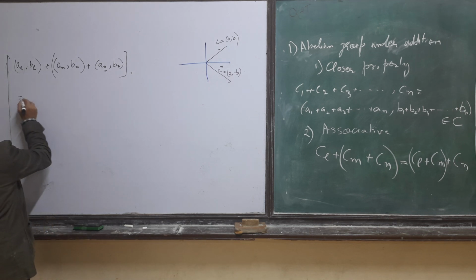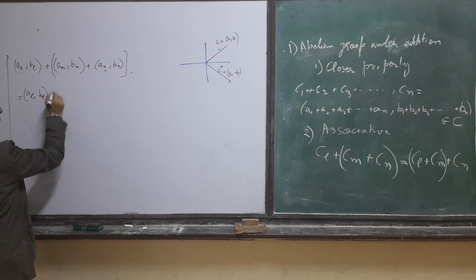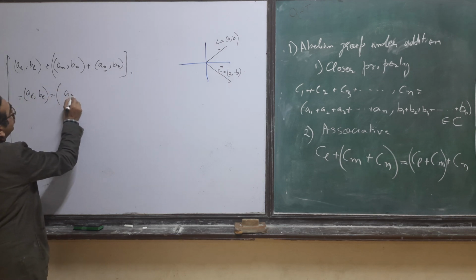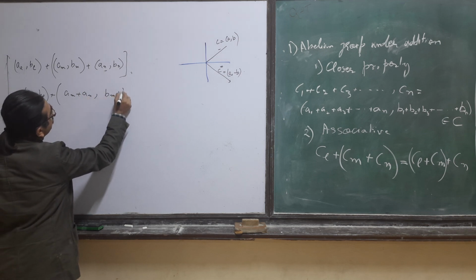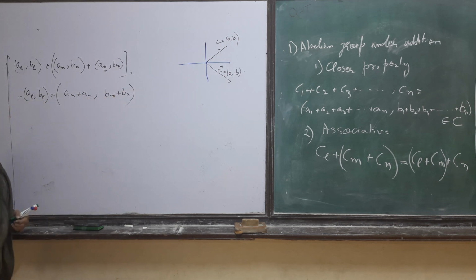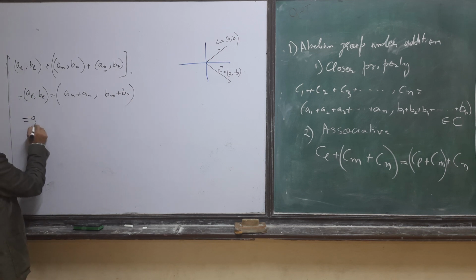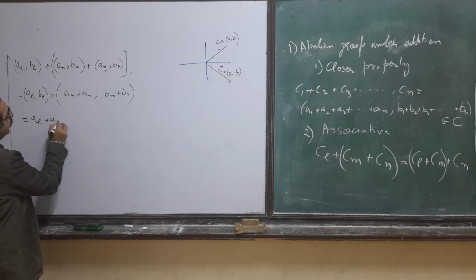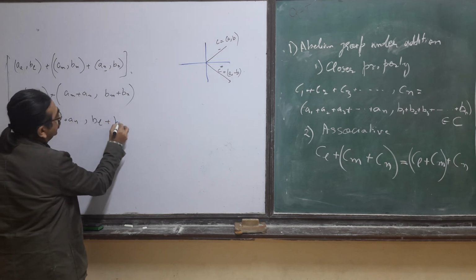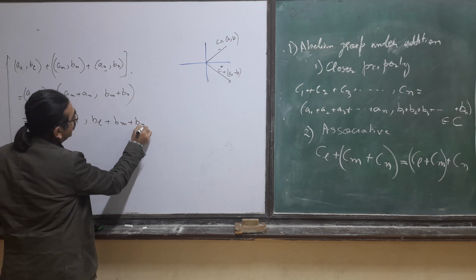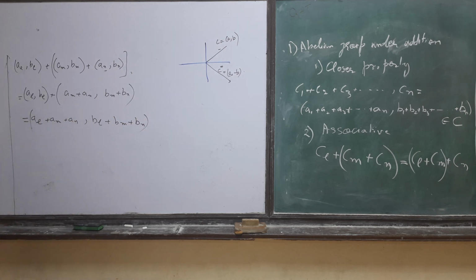This may be written as (Al, Bl) plus (Am, Bm) plus (An, Bn). When we add this, it will be (Al plus Am plus An, Bl plus Bm plus Bn). So this may be written in this way.